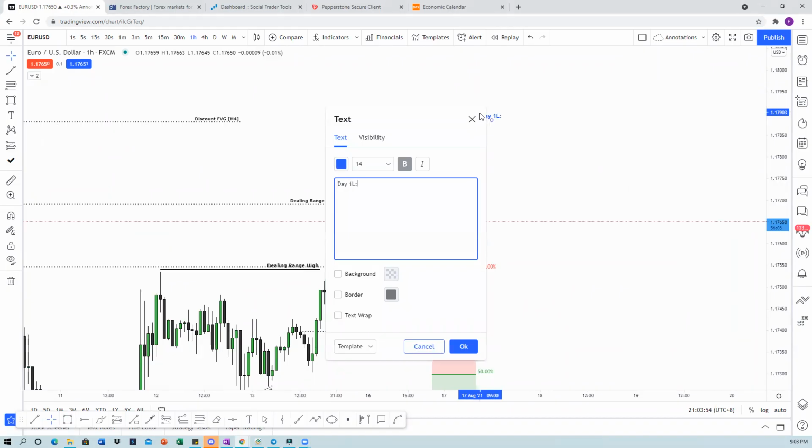Number one, ICT PD arrays, how I interpret them. Number two, external, I better give credit to ICT, external to internal range liquidity.